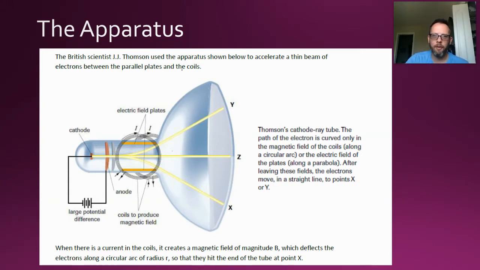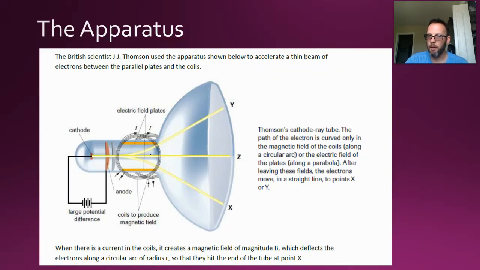So we have this apparatus where there's both electric field plates, so parallel plates, and we have a coil of wire. And remember, we've already talked about how a moving charge will experience a force in a magnetic field, but a converse of that is also true, and hopefully you learned this in your grade 11 course: a moving charge actually creates a magnetic field.